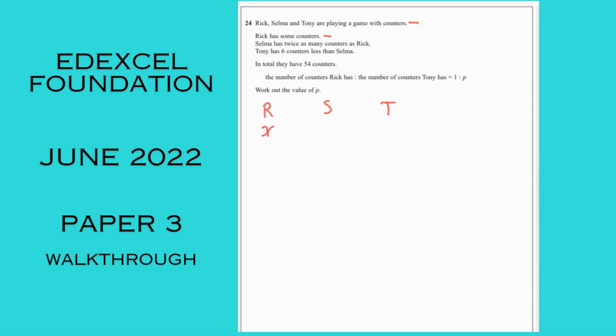That's normally a cue to use algebra. Selma has twice as many. Tony has 6 counters less. Take it away. In total. Total means add this list up. We've got 5 X's, take away 6, totaling to 54.